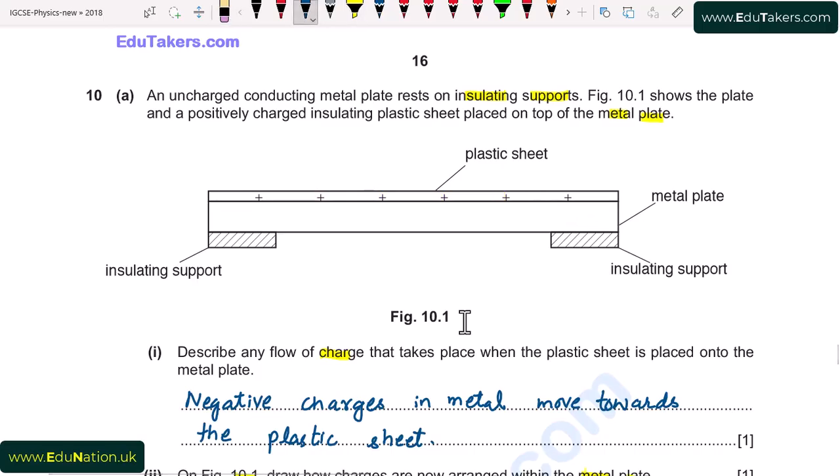We can see from here that the plastic sheet is positively charged, so there will be negative charge at the top of the plate, because the negative charge of the metal plate is attracted towards the positive charge of the plastic sheet, so there will also be positive charge below this.